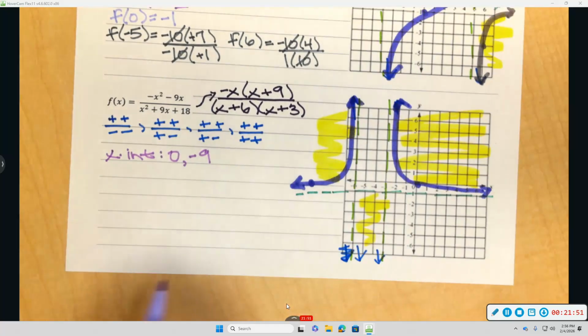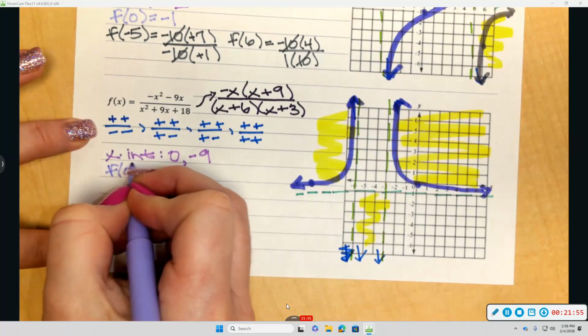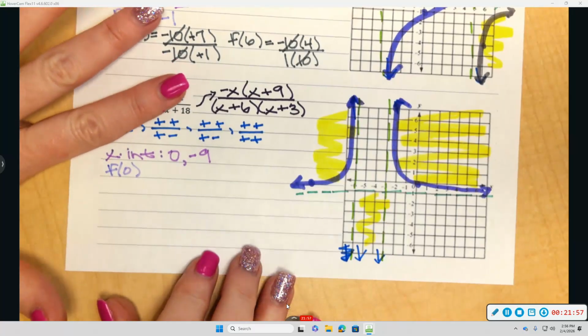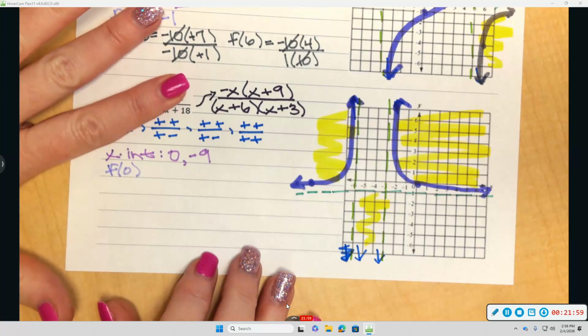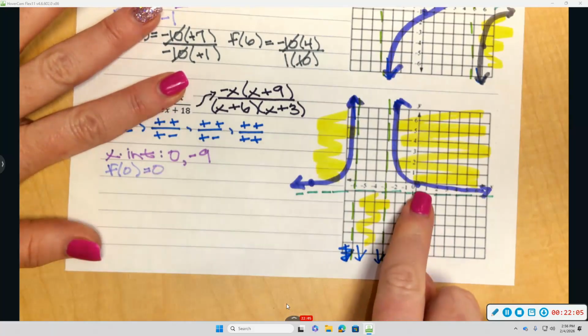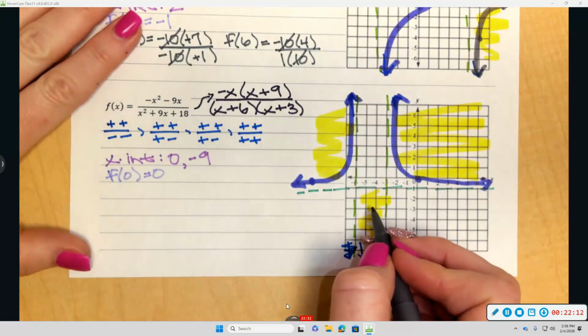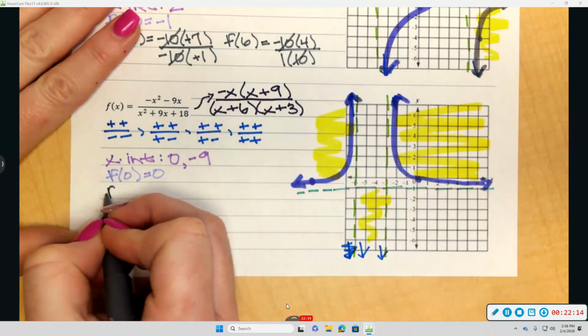Looking at our y-intercept, f of 0, notice that here the only thing that wouldn't go away would be the 18. So we would have 0 over 18, which is 0. And we've already got that graphed. Right? So next we're just choosing some points. How about -4?